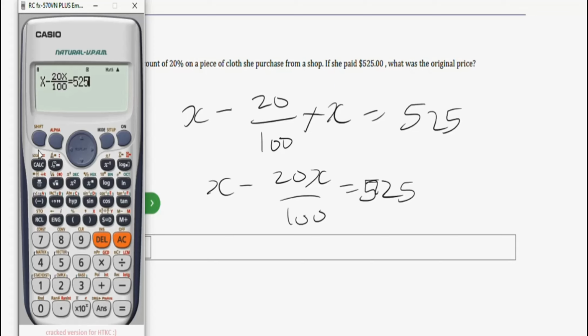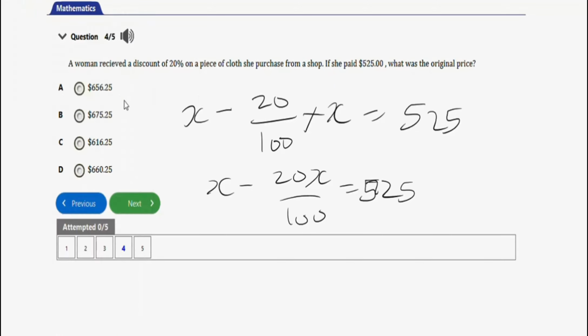To solve, press shift calc, assign x to be 0, press equal to. So we have the original price to be $656.25. So the right option is option A, $656.25. So that is for this question.